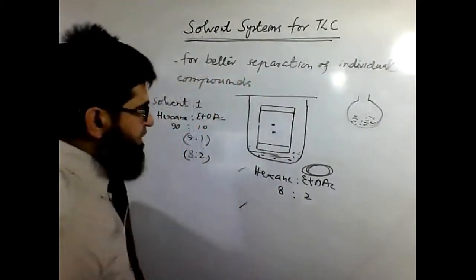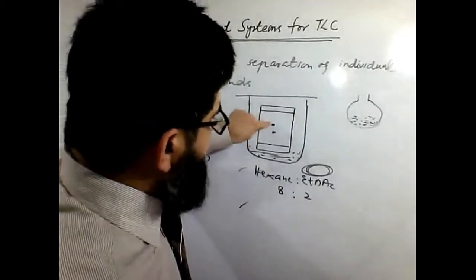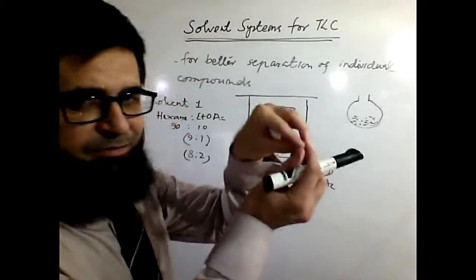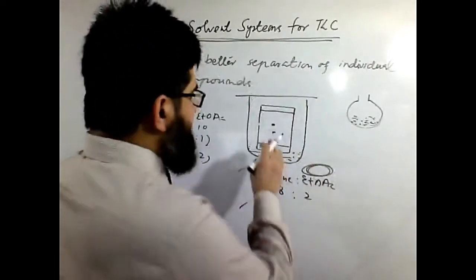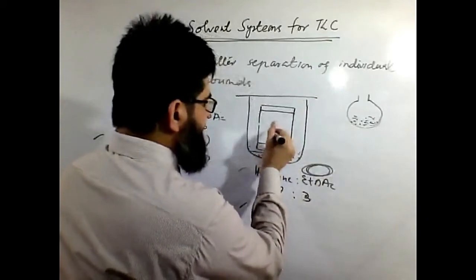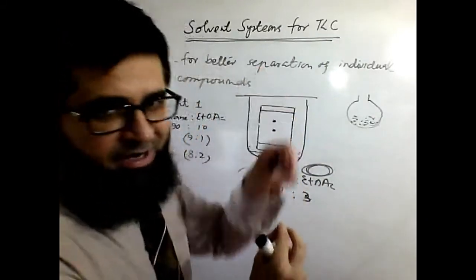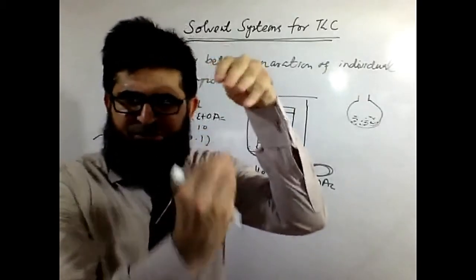Thirdly, when we are applying 80-20, the components have separated from each other a bit more. Maybe if we apply 70-30, we could have a better separation, far better, much more separate from each other.